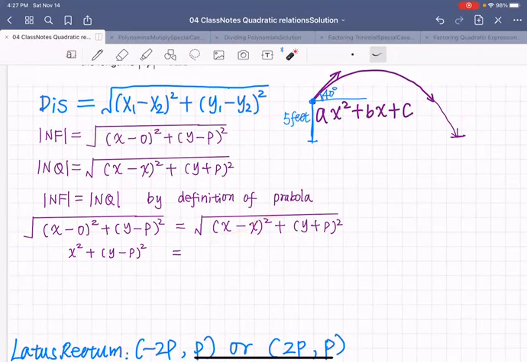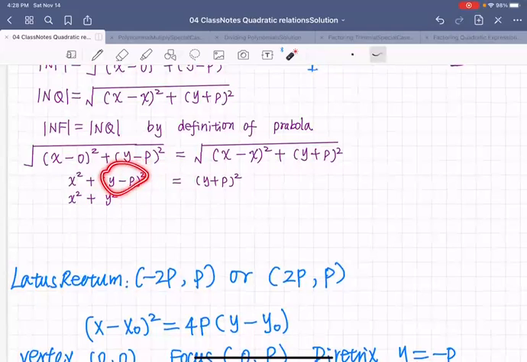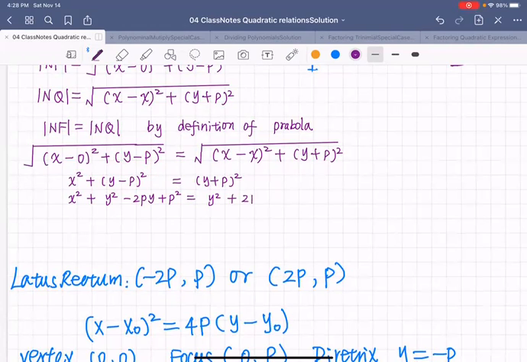Then let's expand this. We learned about those formulas before. That guy equals y squared minus 2py plus p squared. That guy equals y squared plus 2py plus p squared. Correct?